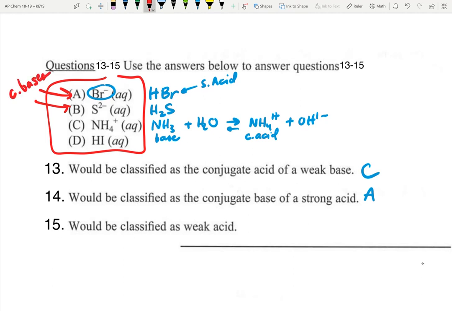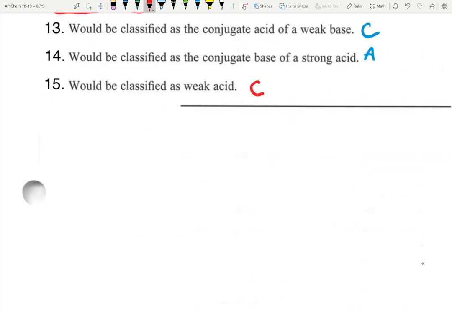So they wouldn't be weak acids. Can we see then that in letter C, NH4 is a weak acid? Well, sure, it's a conjugate acid. It's certainly not a strong acid because we know that list very well, so it would have to be a weak acid. So we actually use C twice here on this set of choices, and that's okay to do too.